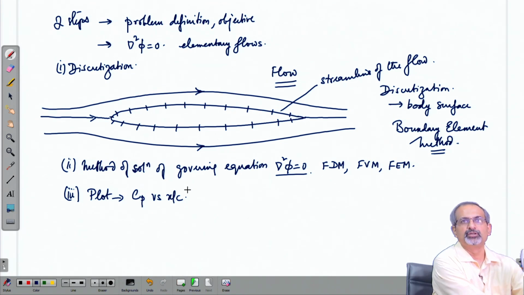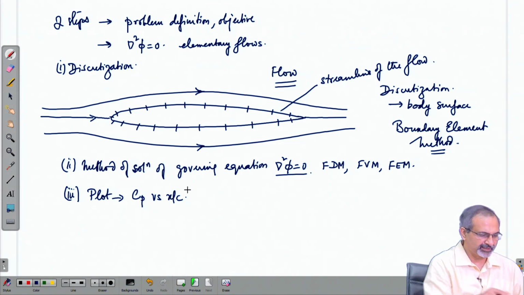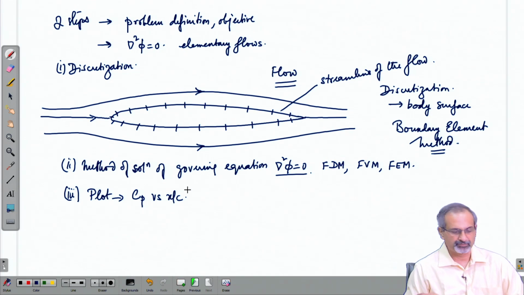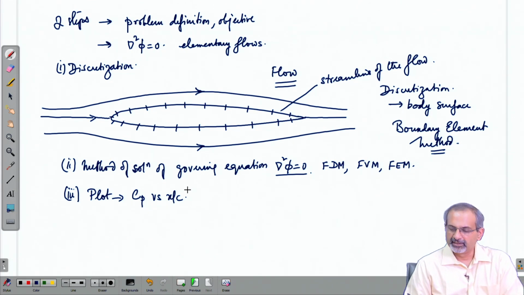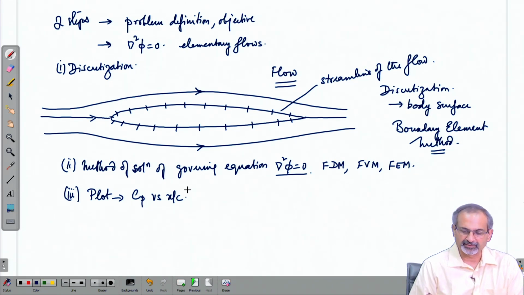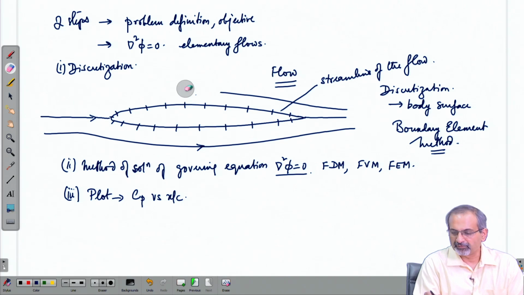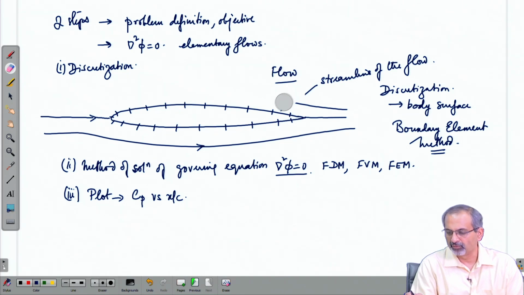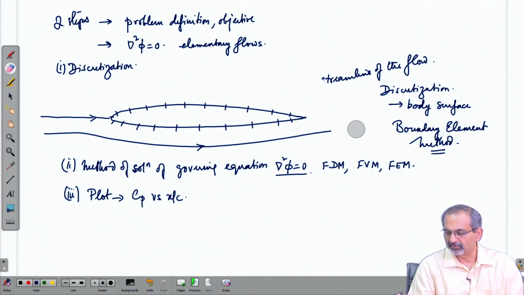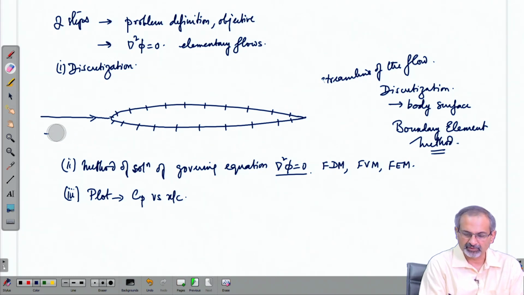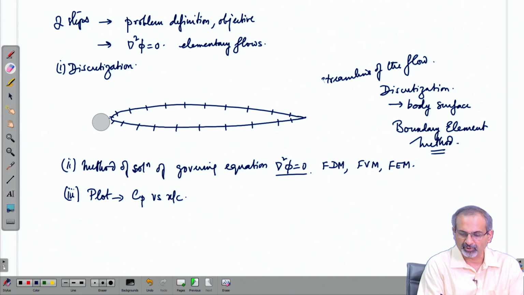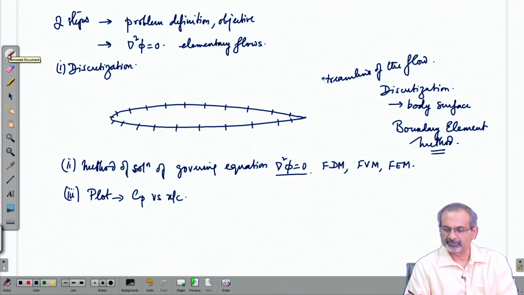Let us move on to the flow solution process then. So, first thing we will do is we will add some more details in the discrete form of the body. For that, we will just remove some of these details that we had put, because we are not solving for the flow field, therefore, these are not important for us. Let us focus on what we have on the body.